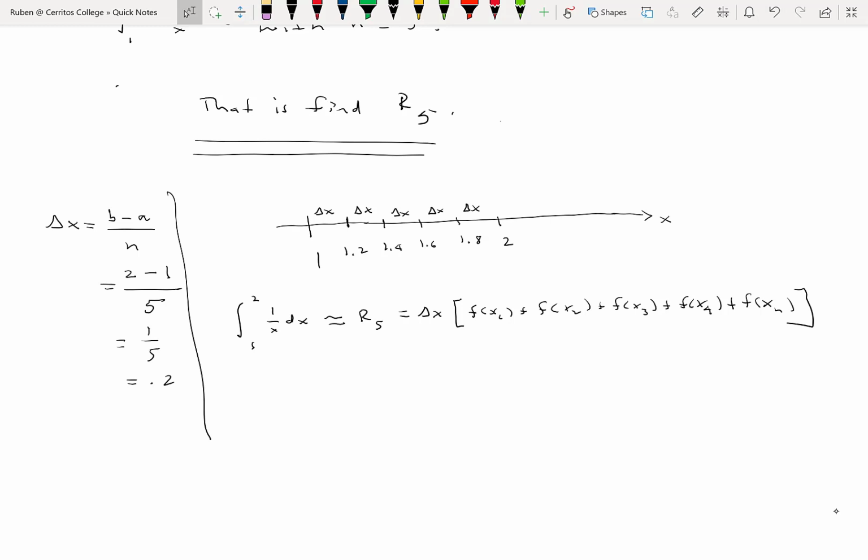So let's put some numbers in here. Delta x is 0.2 times f of x1. Well, x1 is 1.2. x2 is 1.4. 1.6 for x3. 1.8, so f of 1.8 plus f of 2.